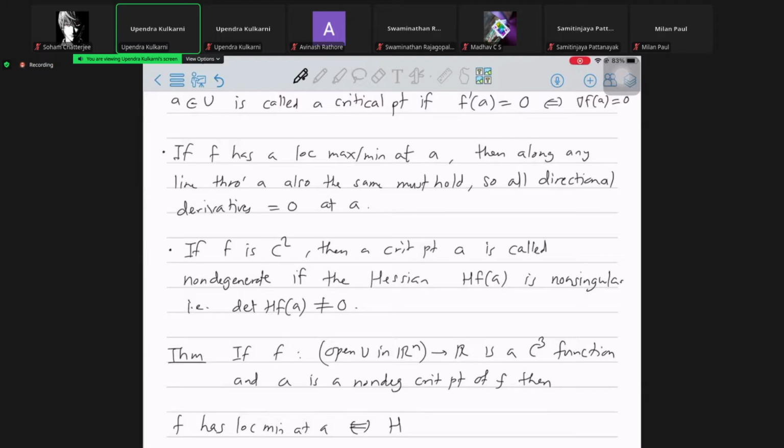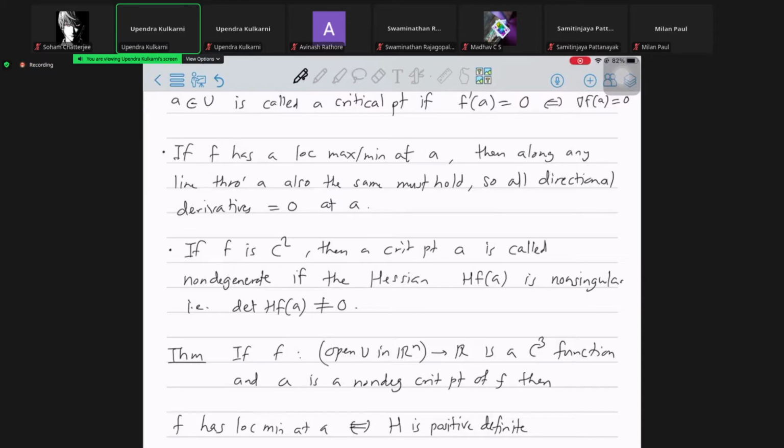Just like in the one variable case, I want to say that H is somehow positive. So what is the notion of positivity over here?